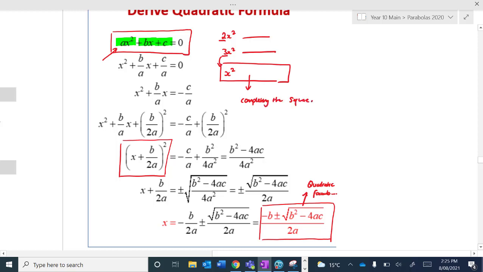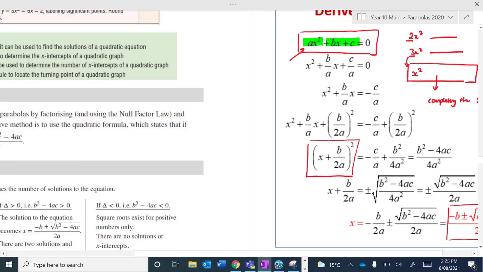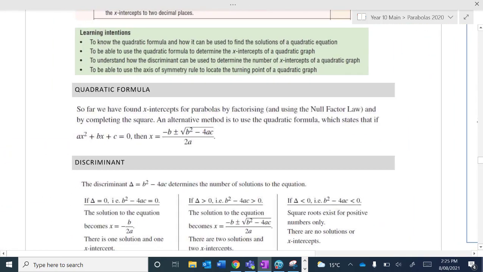Now, what are this a, b, and c? Well, the coefficient of x squared is a. The coefficient of x is b, and the constant is c. So, for example, if I have 2x squared minus 3x plus 2, then a would be equal to 2, b is the coefficient of x, which is minus 3, and c is equal to 2.